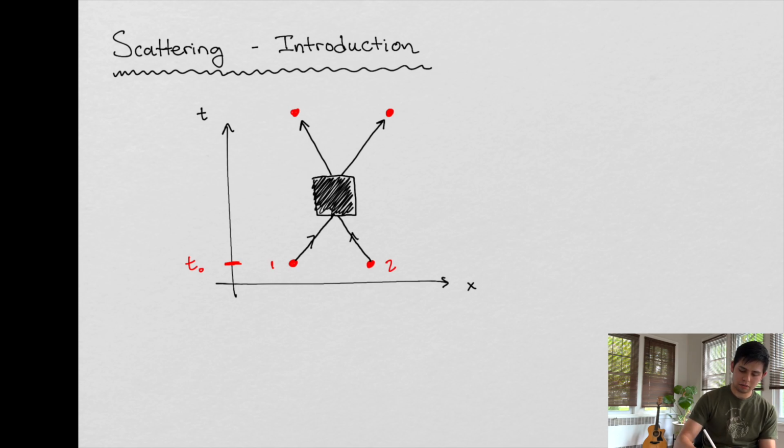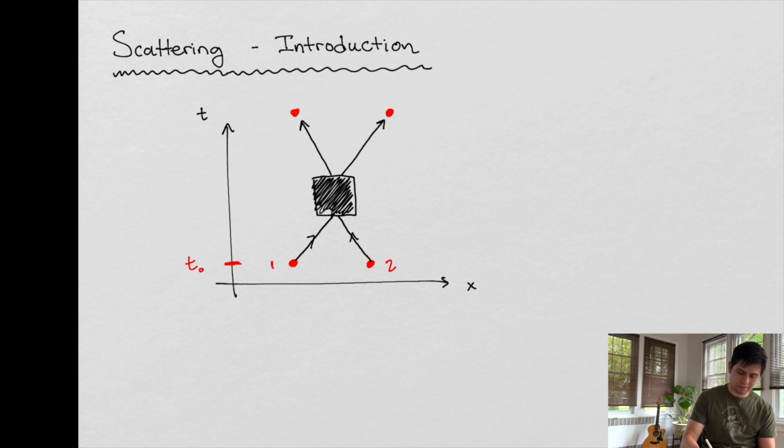Say it was just a collision, like two particles colliding with one another, like two billiard balls. Actually, I'm going to reverse these. We want 2 to end up here, 2 and 1.